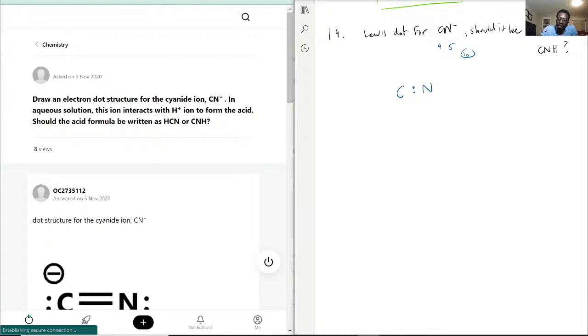So if I did 2, 3, that's 1, 2, 3, 4, 5, 6, 7, 8, 9, and then that extra one somewhere. I do it like this because each of them will bond with each other.